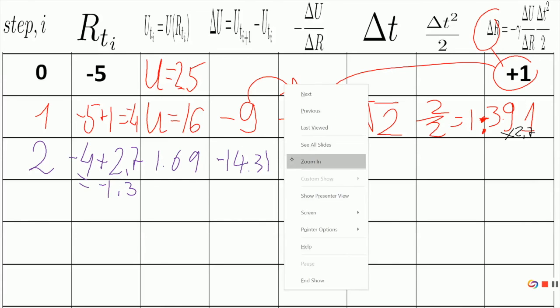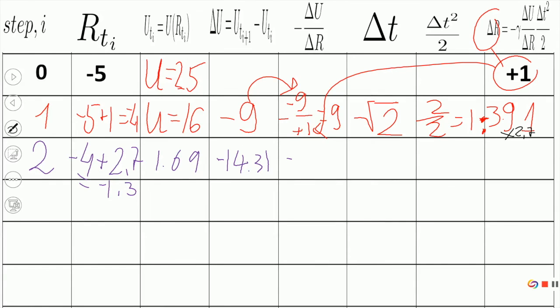So it's minus 14.31 divided by plus 1, right? No. Delta R was plus 2.7. What's the result? 5.3.